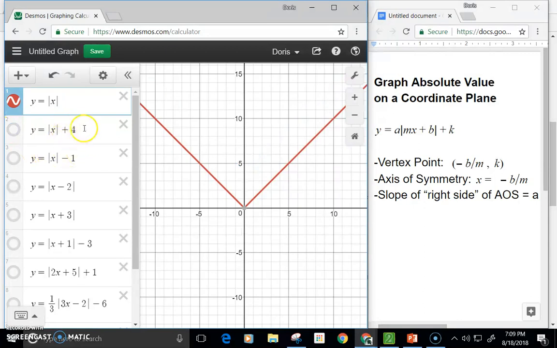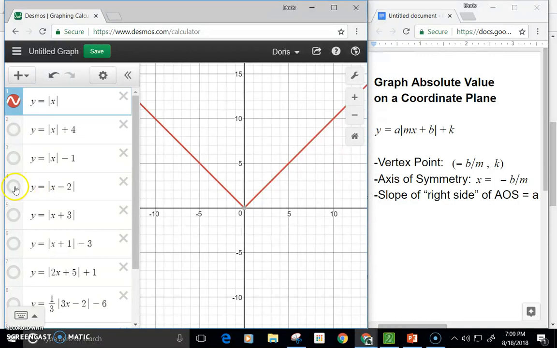So we know what happens when we add to the parent function and when we subtract from the parent function. But what if we actually change the function so that we're adding inside the absolute value? That means that we are subtracting or adding to and from the x inside the absolute value before we take its absolute value.